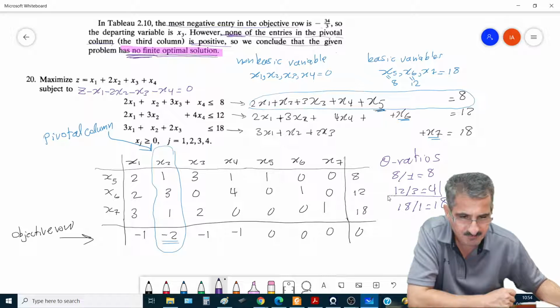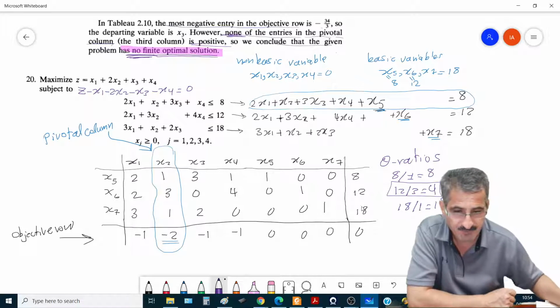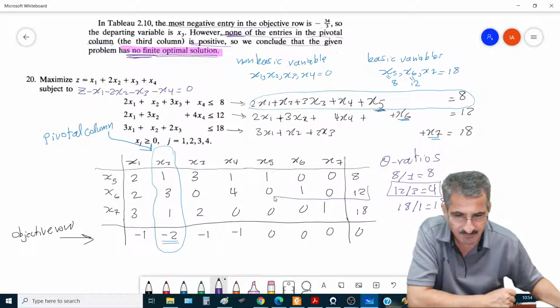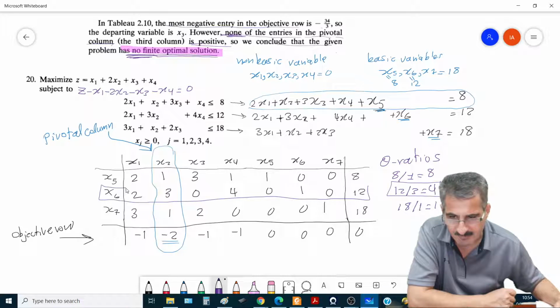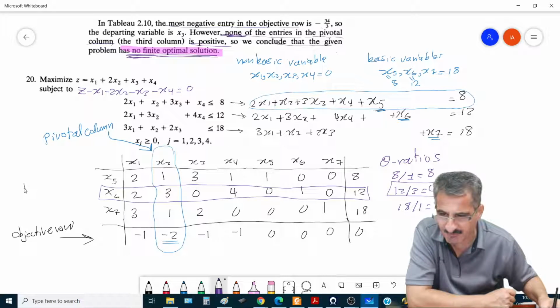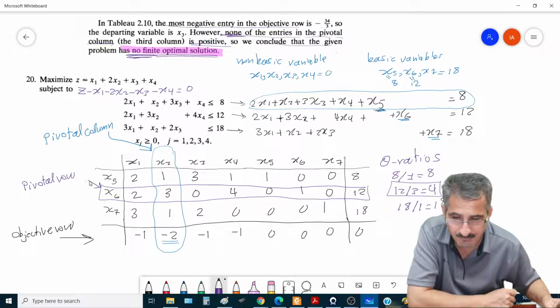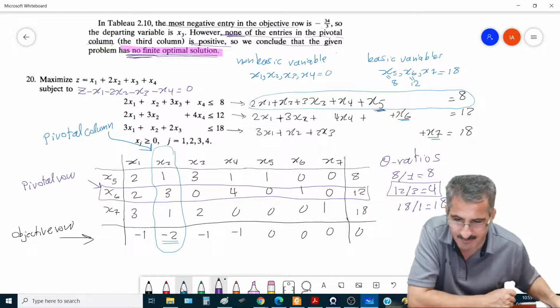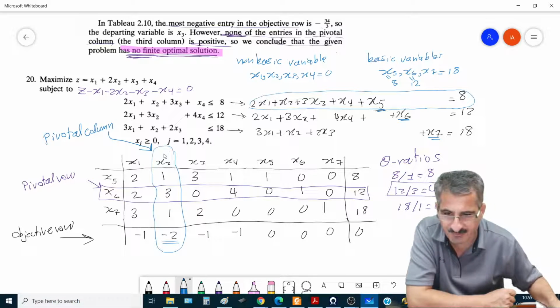So this is the smallest one, so we take it. This is the pivotal row. Now again, this is the entering variable.